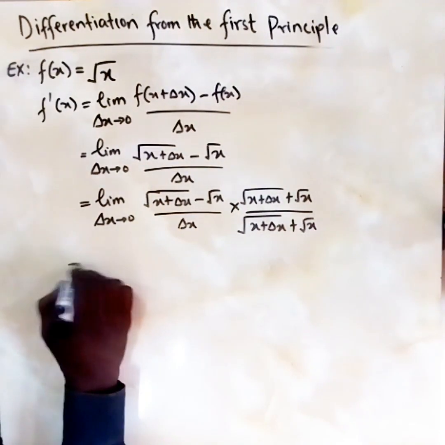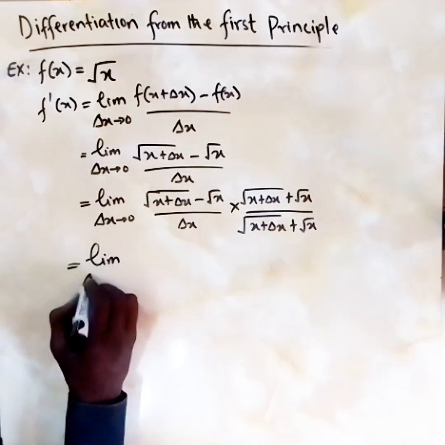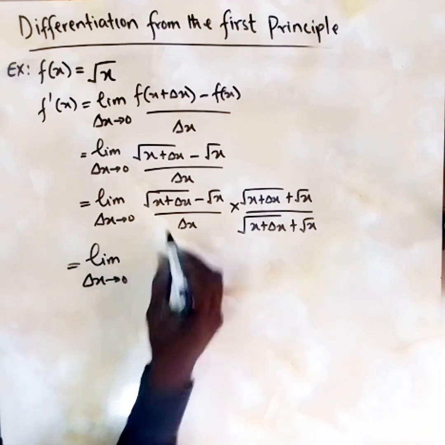And this is now equal to the limit as delta x approaches 0.